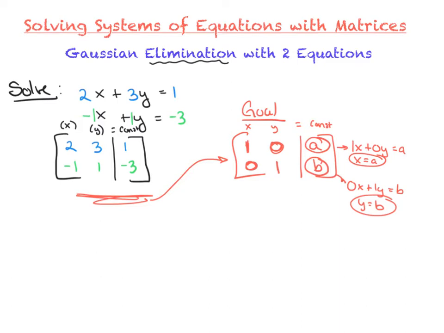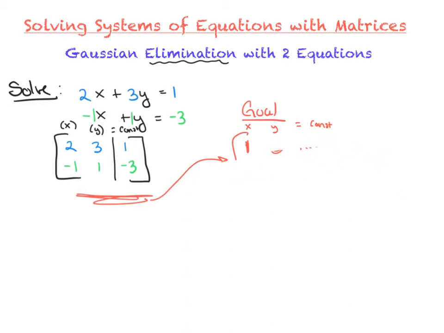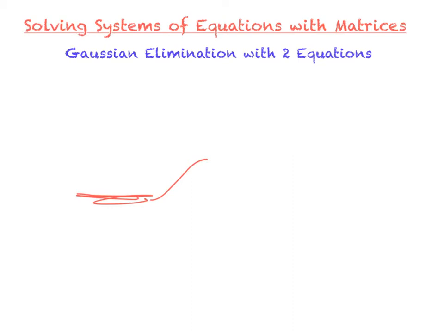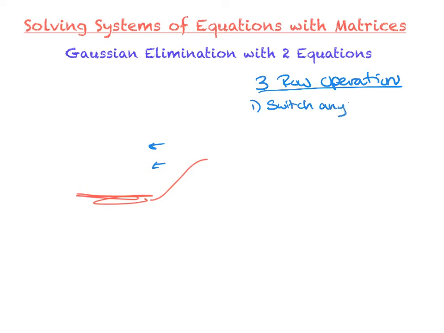And here's how we're going to do that. We're going to get to use 3 different row operations. And let me list them out here. So the 3 row operations that we can perform on any of the rows in our matrix are this. We can switch any 2 rows.